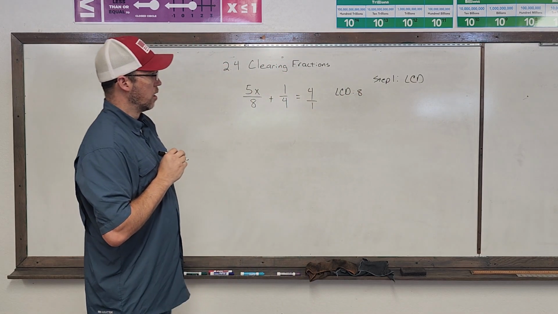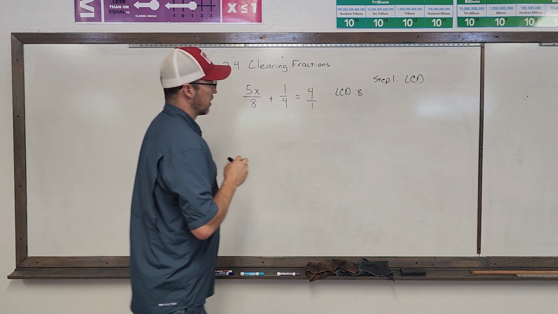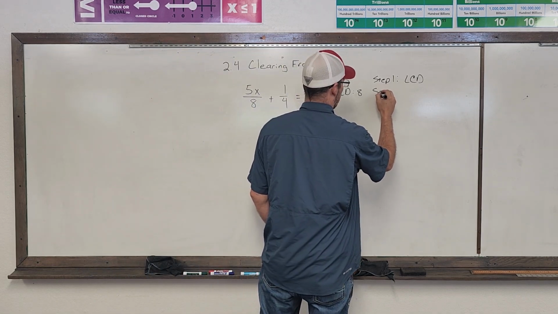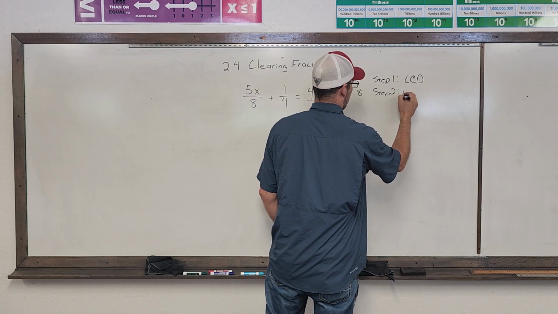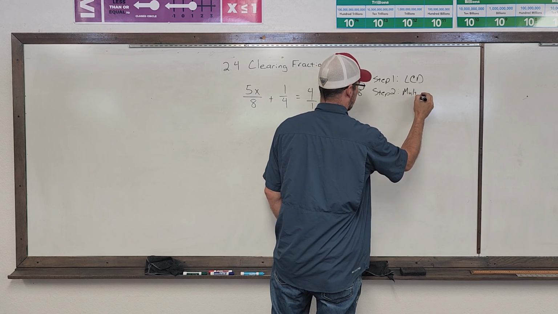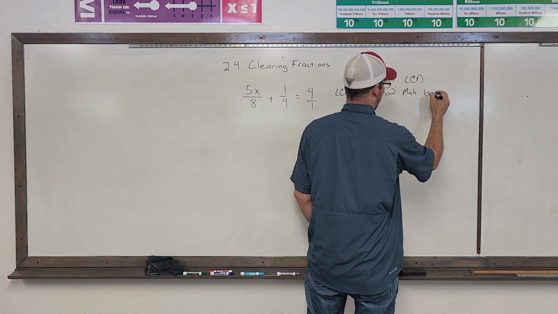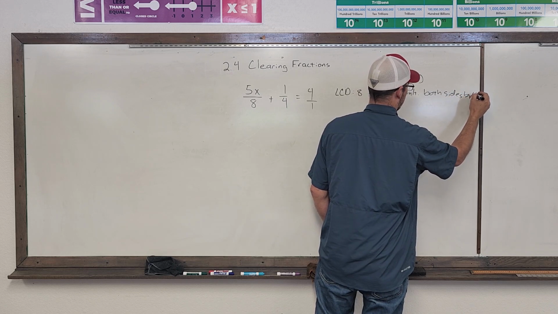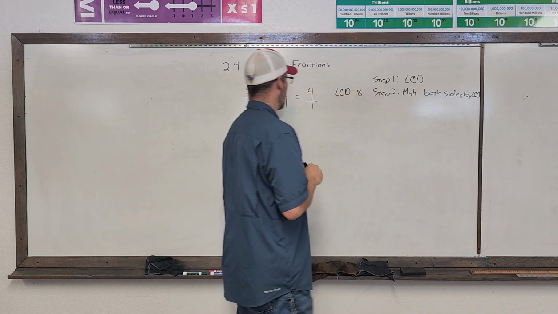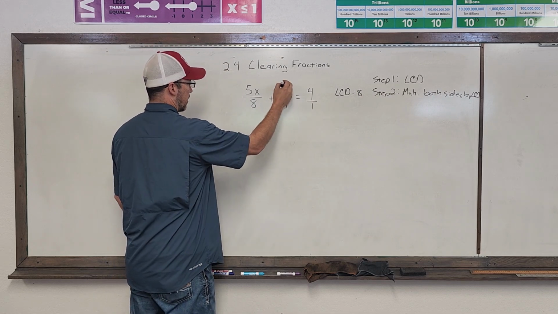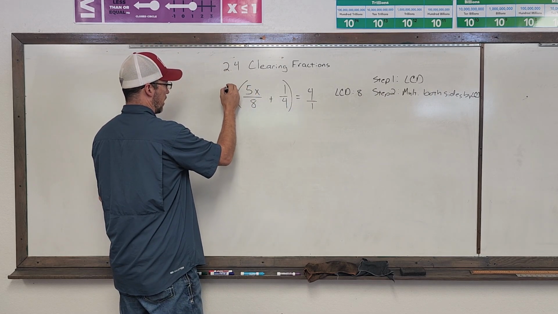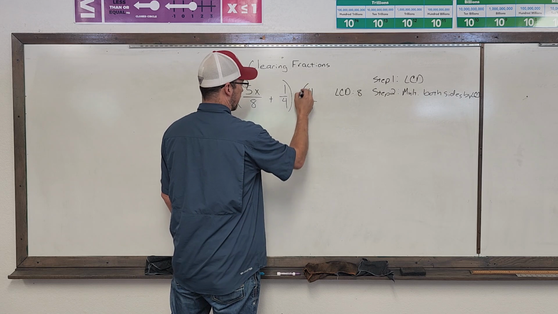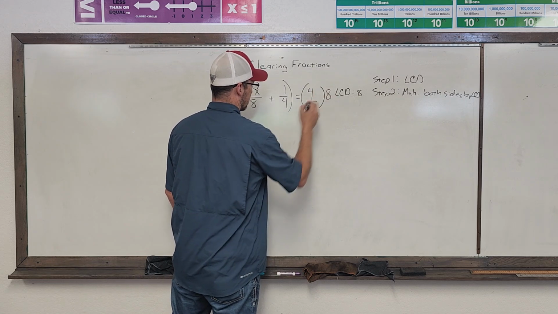All right? Now with that, step 2 is multiply both sides by the LCD. All right, so if I multiply this side by 8, and I multiply this side by 8.